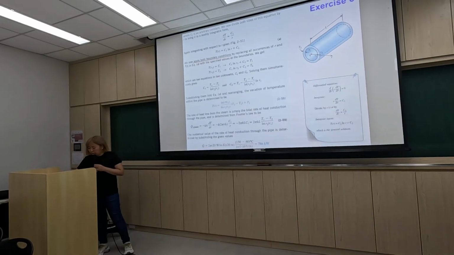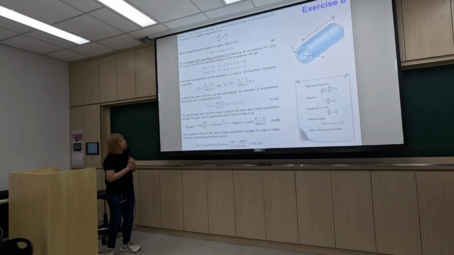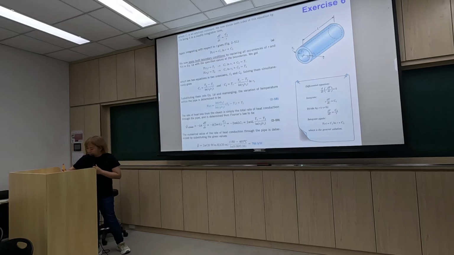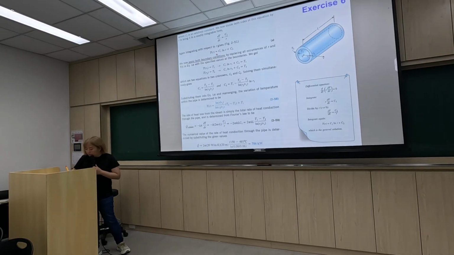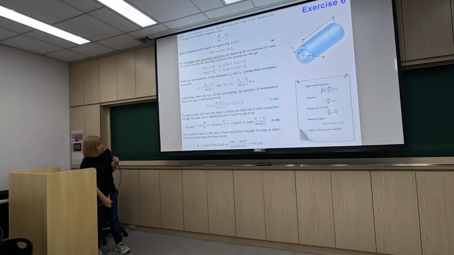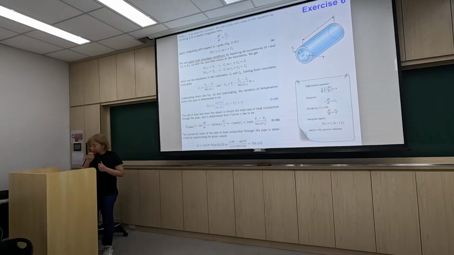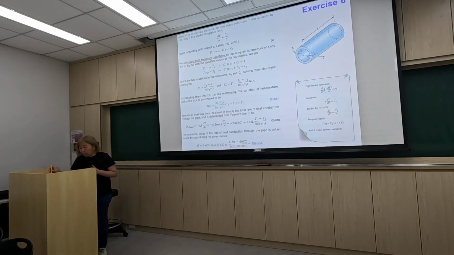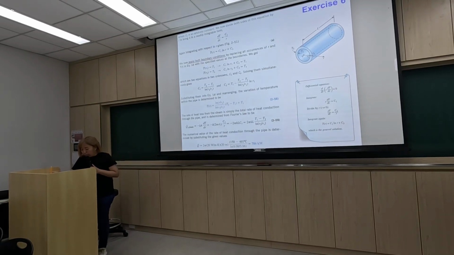Then we take the second integration, and you will get the constant here. The most important thing is to remember that when r is in the denominator, it becomes ln r. This is a calculus formula you should remember. Then just put the temperatures into your equation and you will get the number.